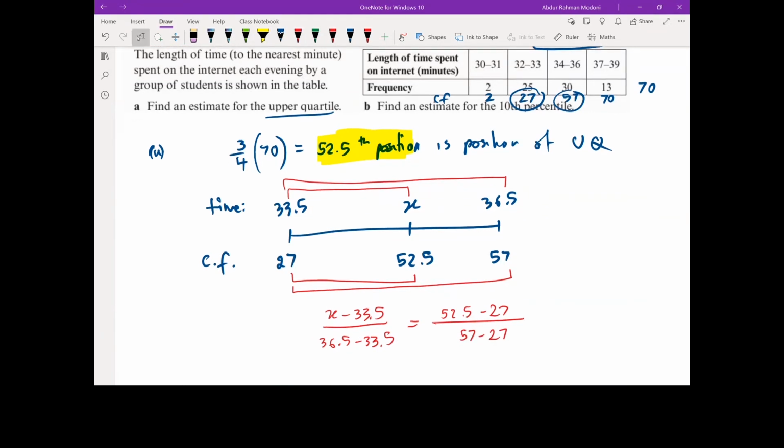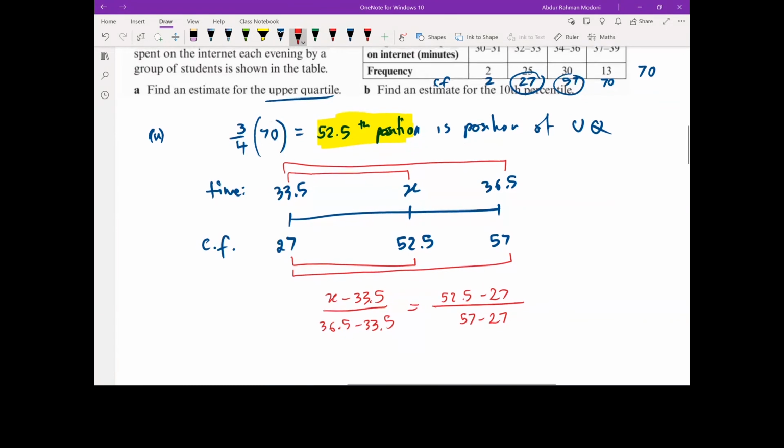I've essentially said that these two ratios must be equal because they are the same number line, but I'm just looking at two different scales. It's this that you solve to find out what x is, which is the time at the 52.5th position, i.e. the upper quartile value for time.